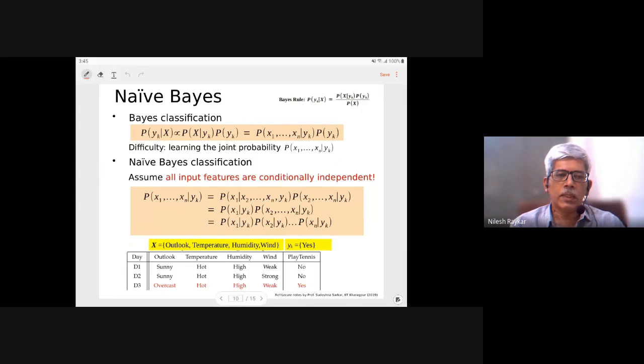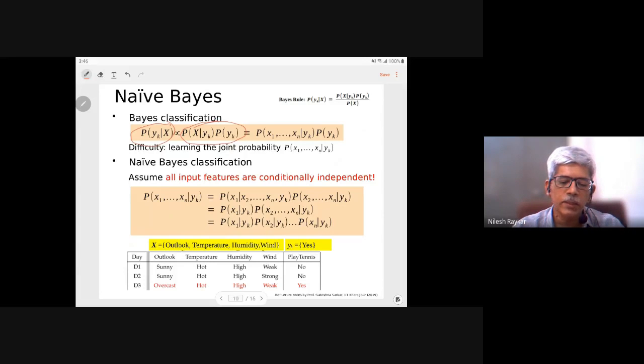The assumption which simplifies things, or the implications of that assumption, are shown here. We have already seen that we want to calculate a probability which depends only on the numerator. So only the numerator term is written here. We have dropped the denominator term, which is the same for all the labels, so it need not be considered in the calculation.